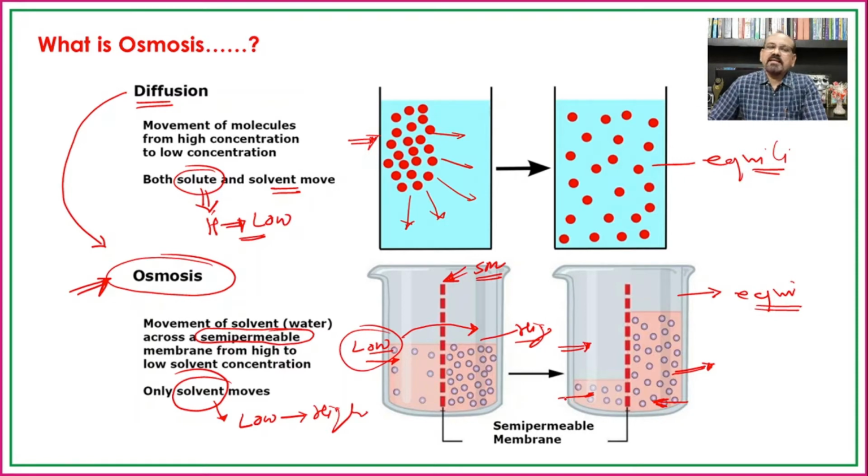So till it reaches equilibrium, there is a continuous process of osmosis, and in this way osmosis is used for the movement of water in the plant body.